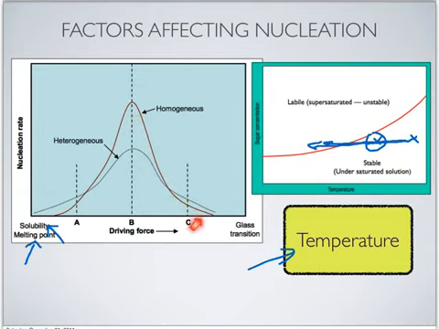So at point C, the driving force for the nucleation is very small, as at point A, but at point C, the reason for low driving force is because of the high viscosity, which limits the diffusion of the molecules in the system.